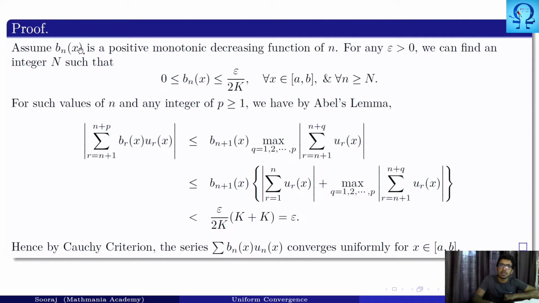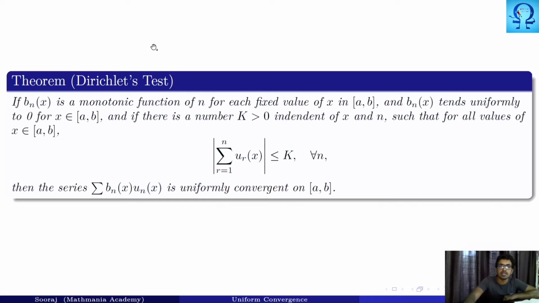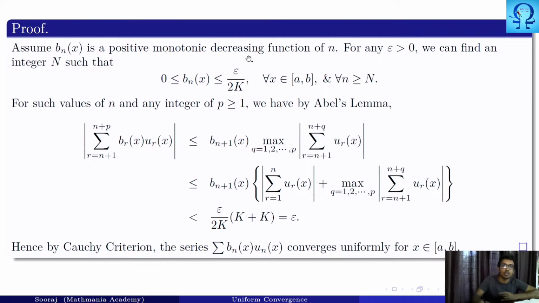Since Bn of x, without loss of generality, we can assume that it is monotonically decreasing. If you want to assume monotonically increasing, you can do it and just use the ideas that we used in the previous test, that is Abel's test.